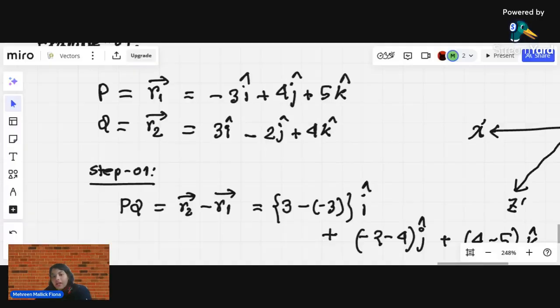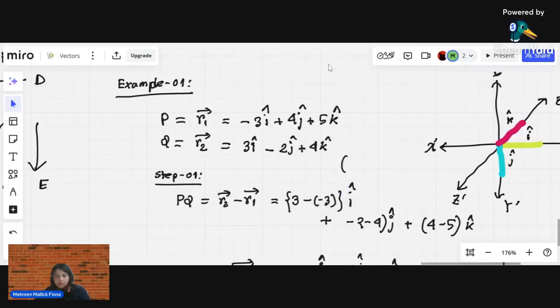But if I were asked to do a multiplication of the values, then it would simply look like this. So wait a moment.